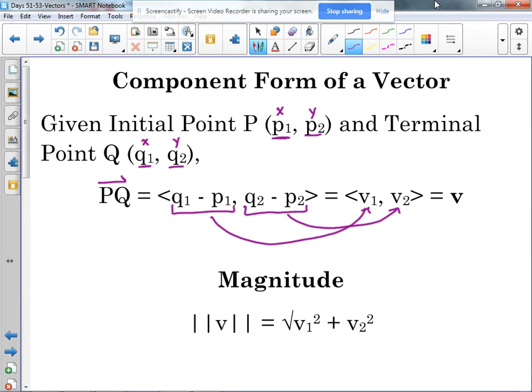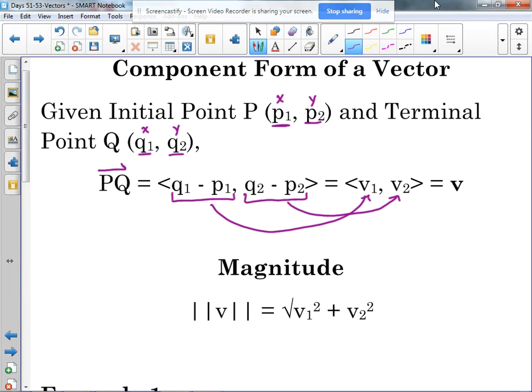Okay, so then we can find the magnitude once we have subtracted our x's, subtracted our y's to get the component form. Then we can find the magnitude of our vector by taking the square root of the x component squared plus the y component squared. Really where all this is coming from is if we have a vector here, we can really form a right triangle.